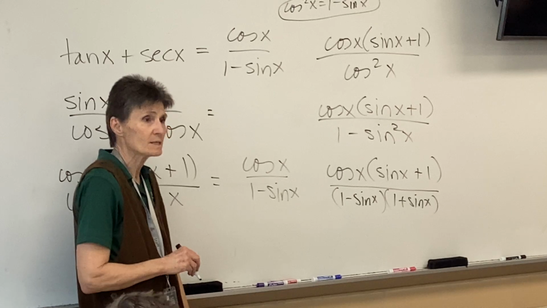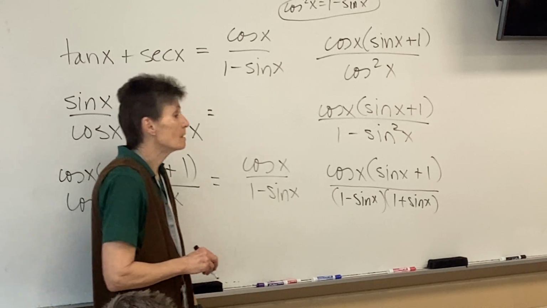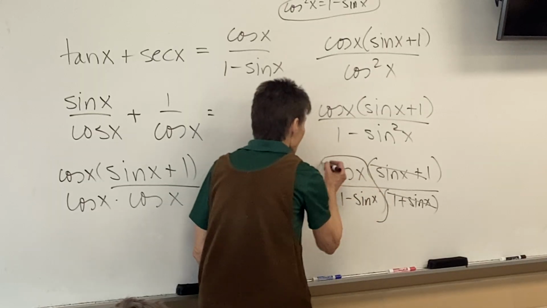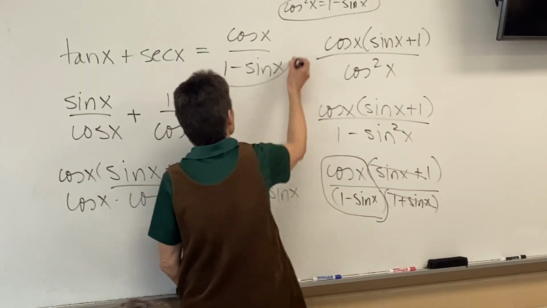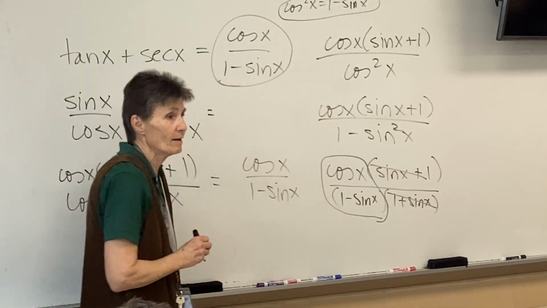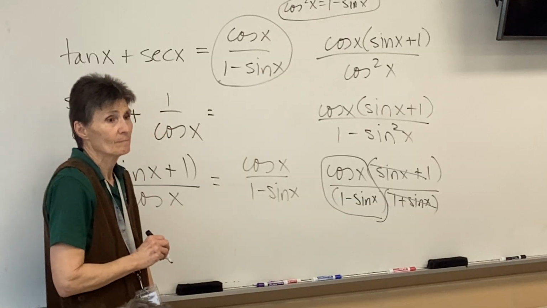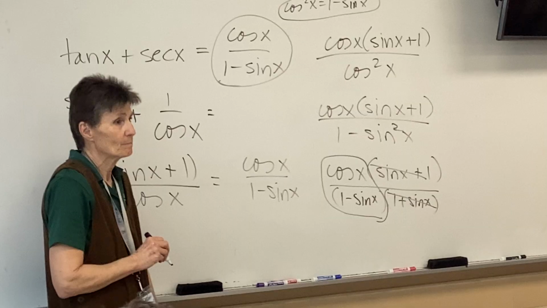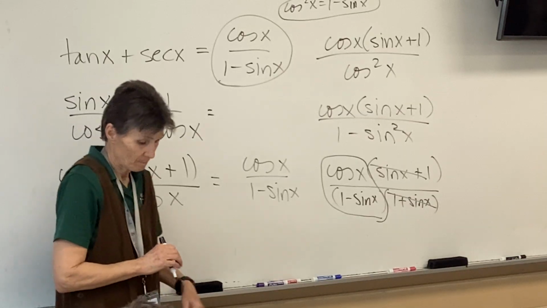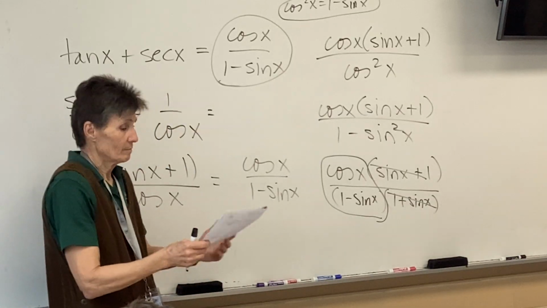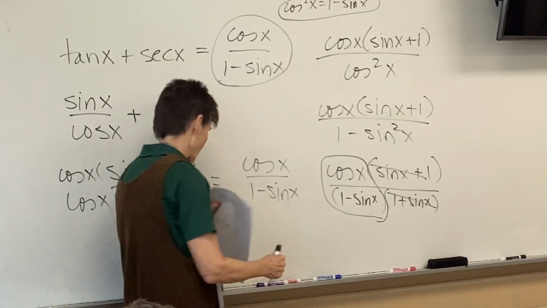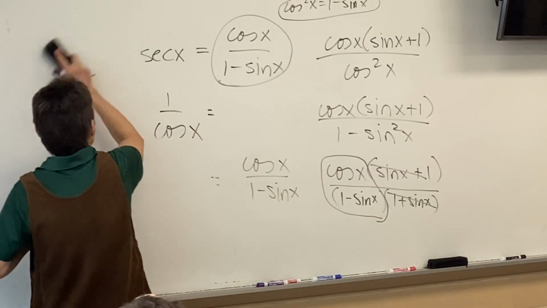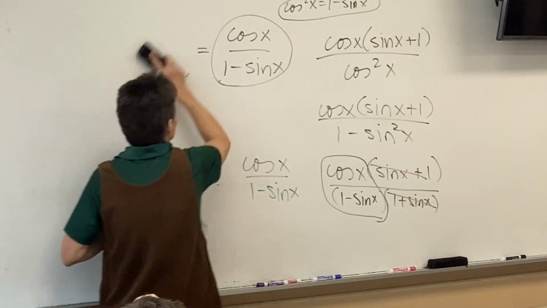Now what do you notice? These are the same. This is what I have left, and that is exactly what I wanted to have left when I got done. Tough problem. But you know what? We're tough people. All right, next one.